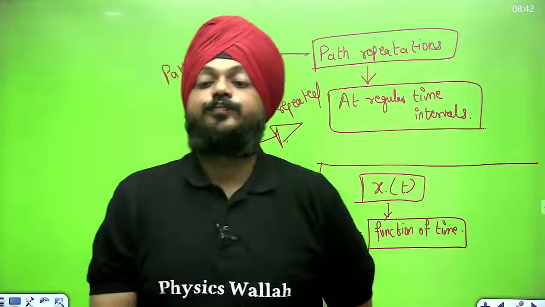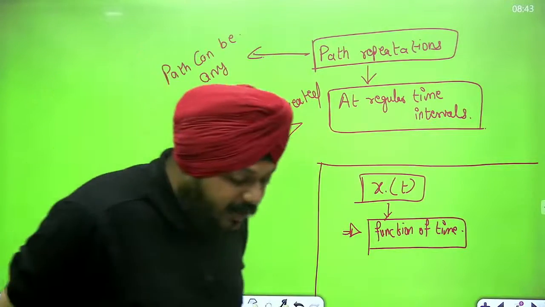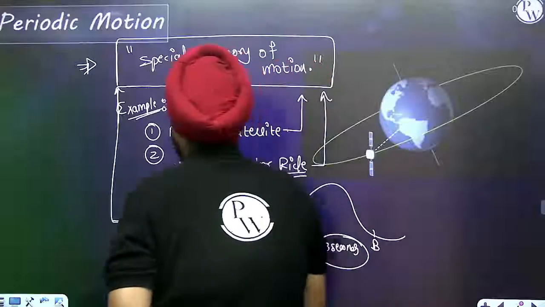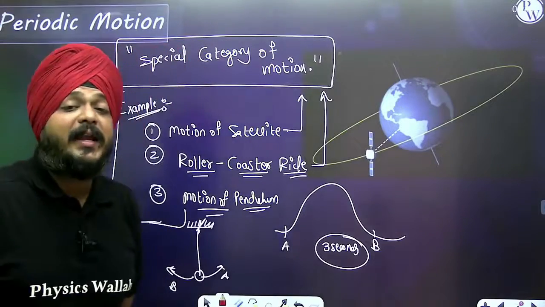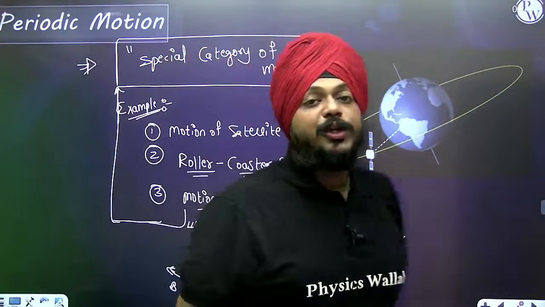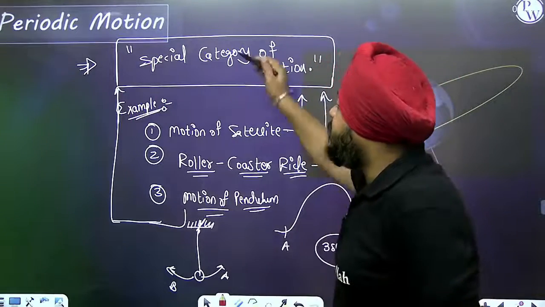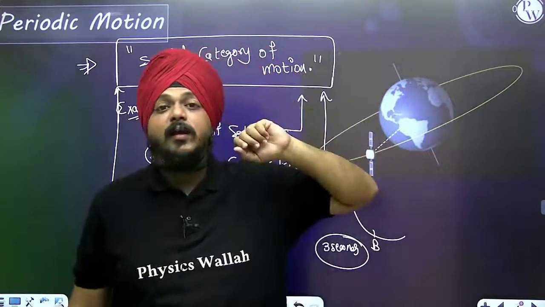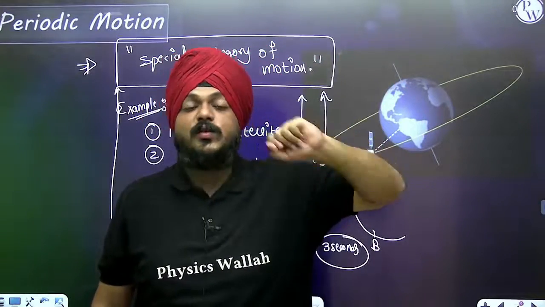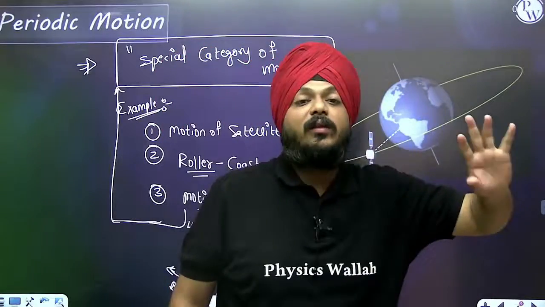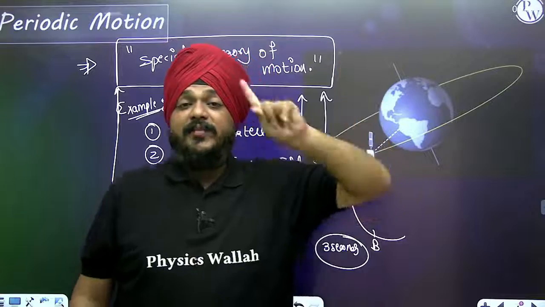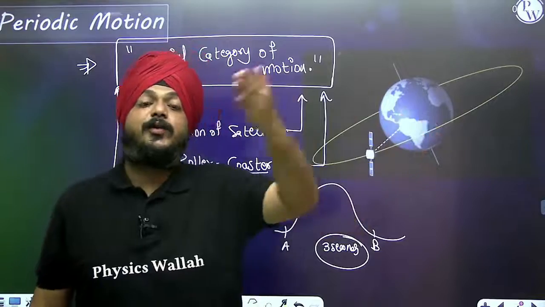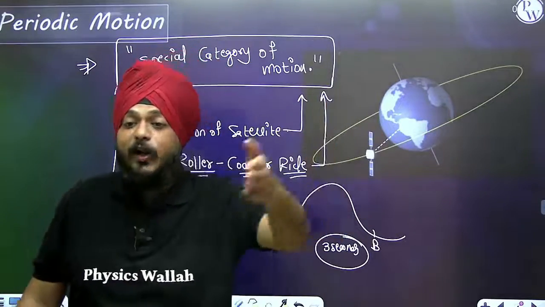Periodic motion is quite a special category of motion. Why is it special? Because we have seen cases of 1D, 2D, and all kinds of calculus methods and paths, curvilinear motion, everything. But we haven't seen questions until now in which the same path is continuously repeated at regular time intervals.